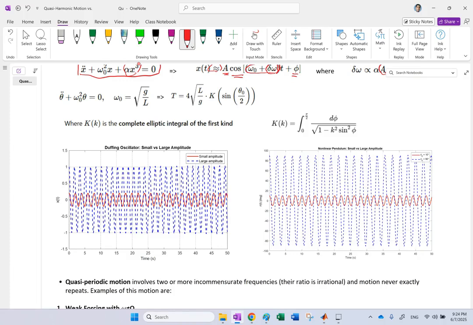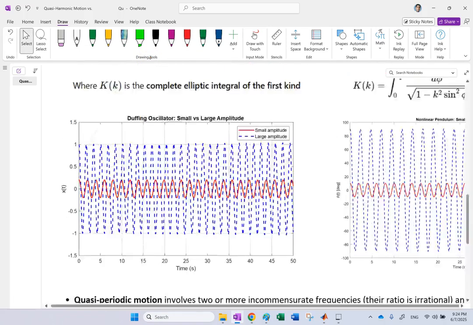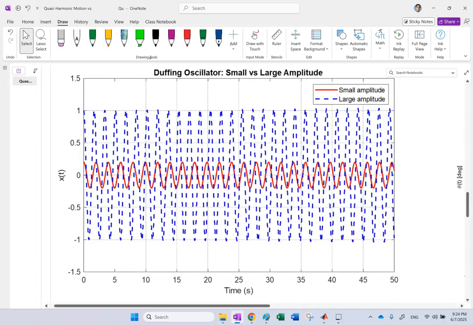Both would be omega naught. But because of that cubic term, you can see that the frequency of the blue curve and the red curve are different.